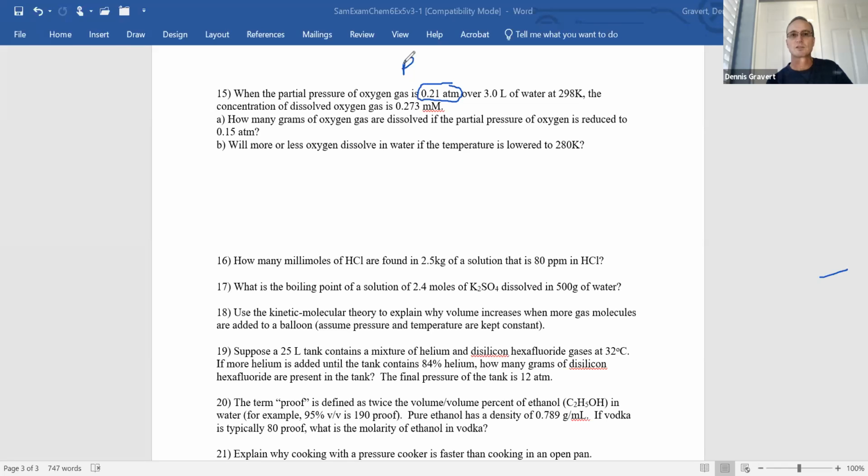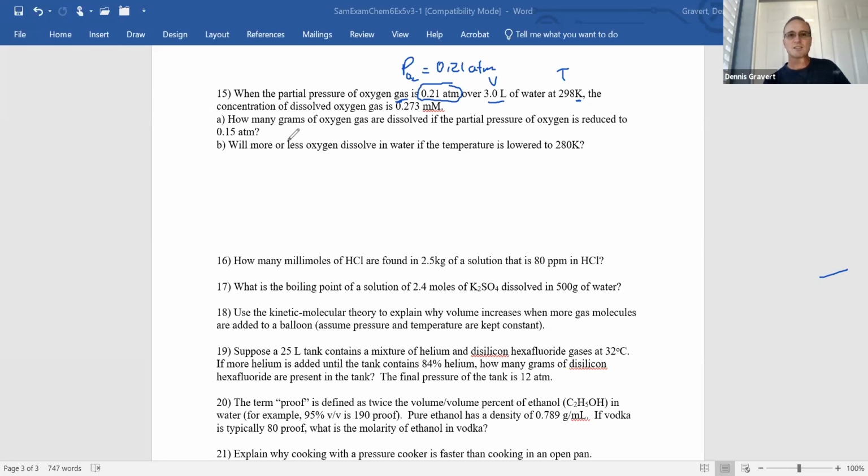So the partial pressure is a capital P for pressure and a little subscript O2, meaning the partial pressure of oxygen is 0.21 atmospheres. And then what's 3 liters? That's a volume. And then what's 298? Ooh, Kelvin, thank you. It's already in Kelvin because we're dealing with the gas. Gotta keep it in Kelvin for gases.